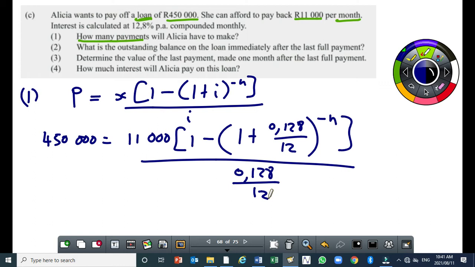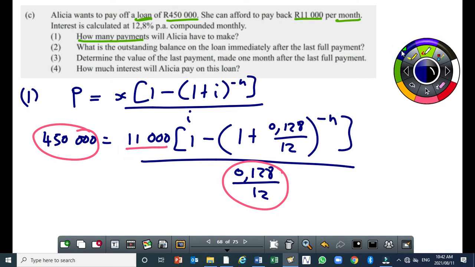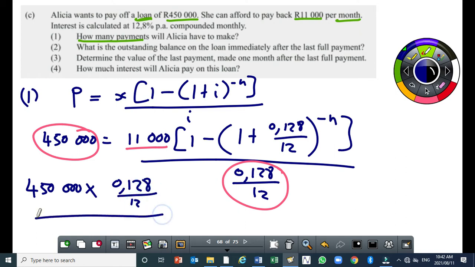Now, I have explained this in the past and I'm going to repeat it because it's very important for you to know. To carry on, you have to multiply that denominator by P, then you divide the product by X. Okay? So the next step is to multiply 450,000 by that denominator 0.128 over 12, all over 11,000.